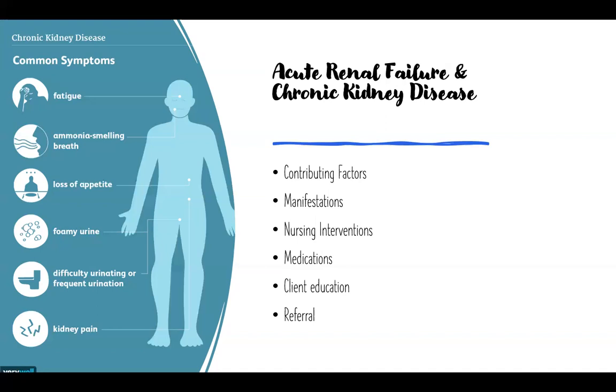If the reason or the contributing factor for this acute renal failure is renal, that means something is going on inside of the kidneys. Maybe there's renal tissue damage. Maybe there's trauma. Maybe there's hypokalemia, right? Low levels of potassium. There could be acute glomerulonephritis.